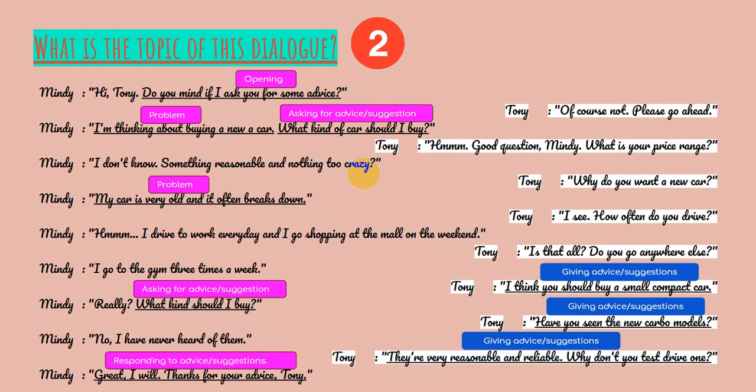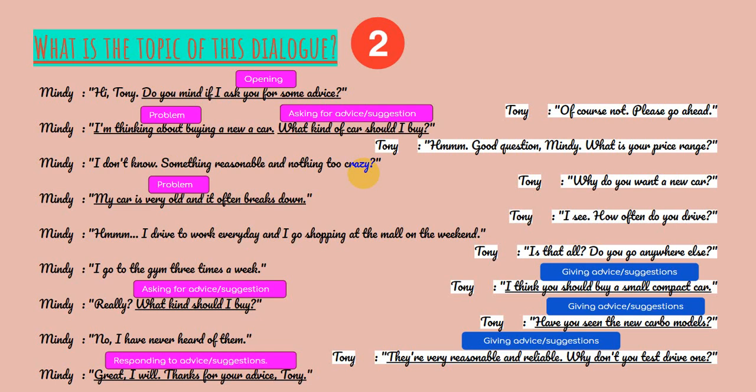So, if the question is, what is the topic of this dialogue? So, you have to answer, the topic of this dialogue is about asking for advice or suggestion about buying a new car. Okay? Why is it so? There's asking for advice or suggestions as part of the answer.